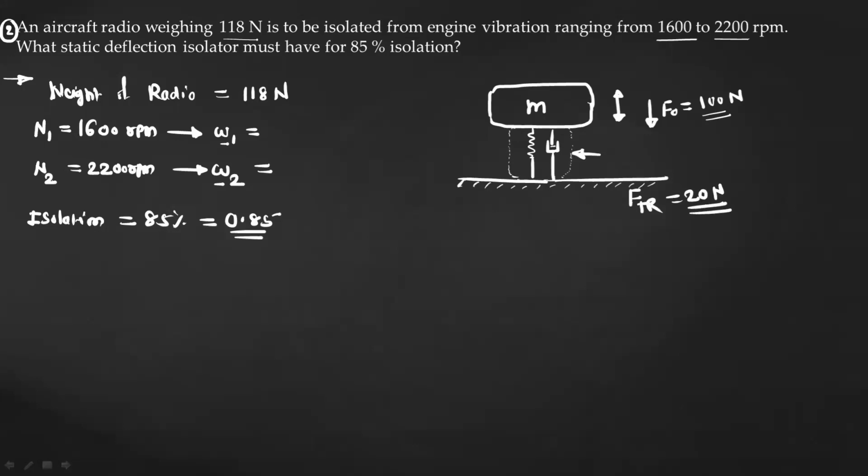So how much force is absorbed? 80 Newton is absorbed by this isolator. So force absorbed is equal to 80 Newton. Then force transmitted is equal to 20 Newton.